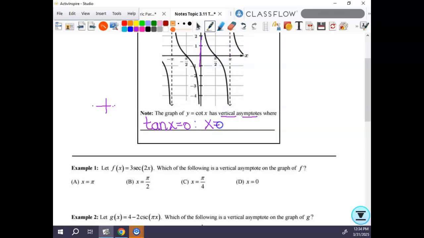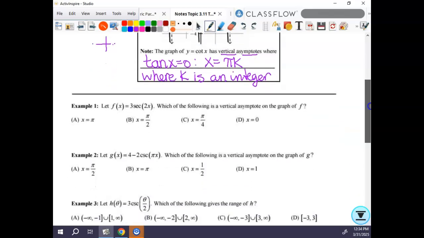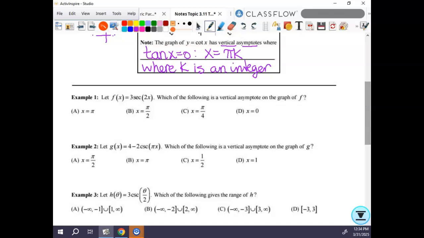So this will also be x equals pi times k, where k is an integer. We have to write it out like that because there's an infinite amount of them. It's not like we can list them all, right? That's why we have weird things like that. Everybody good so far? Yes?